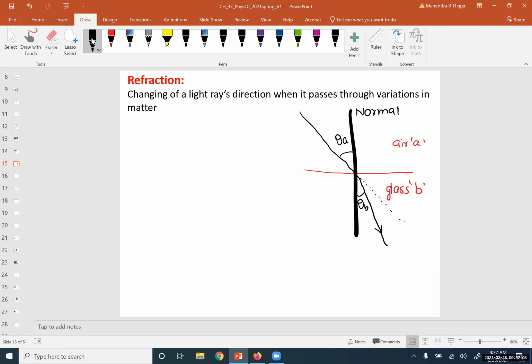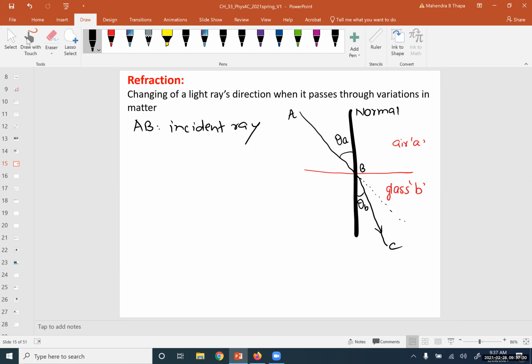So in this picture, just put the names: this is A, B, and C. So in this picture, AB is the incident ray.